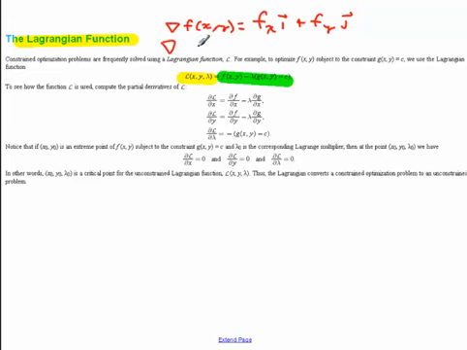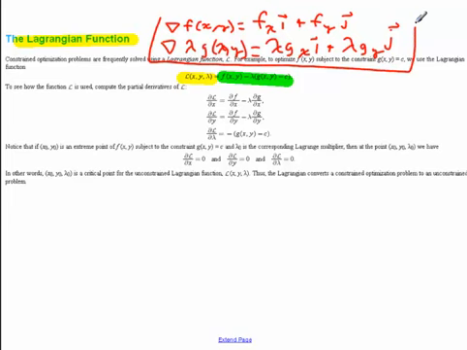And the gradient of lambda g of x,y equals lambda g partial x i plus lambda g partial y j. Okay, so we know this.